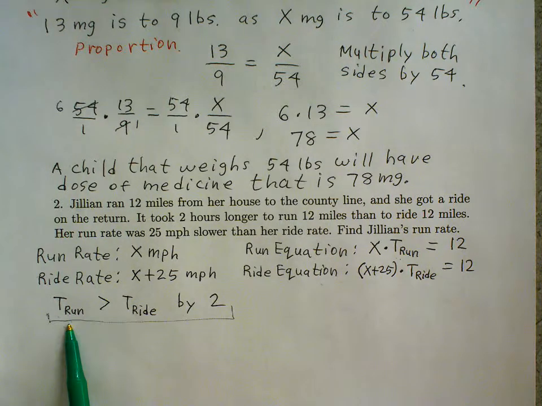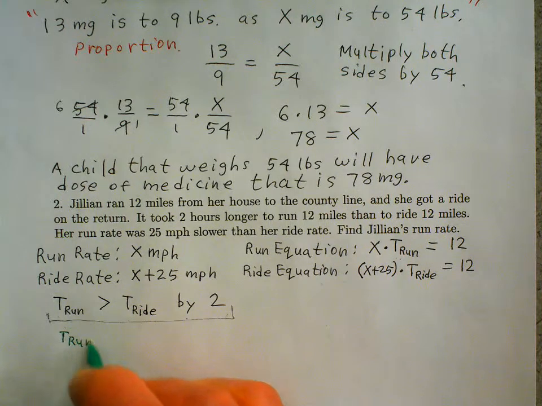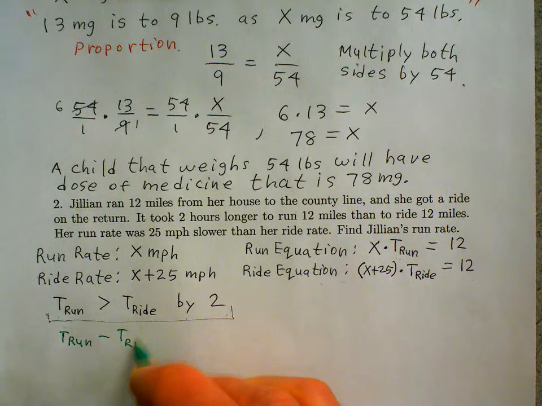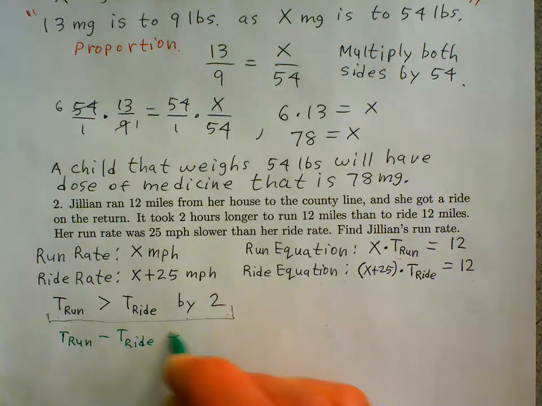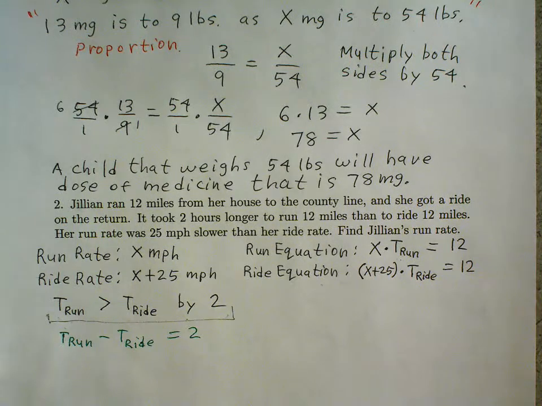T sub run is a bigger number than T sub ride, and it's bigger by 2. So T sub run, the bigger number, minus the smaller number, T sub ride, is equal to 2. Okay, now what?